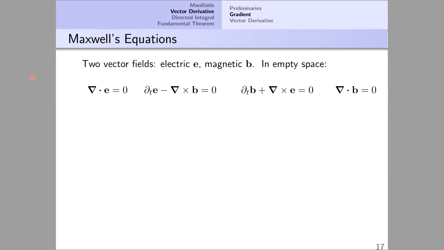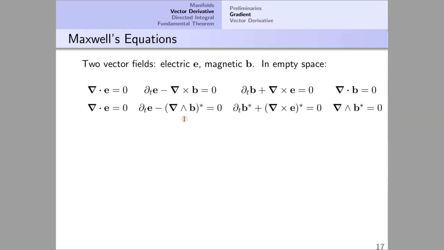Maxwell's equations in empty space, where there's no matter, are given by these four equations, four differential equations involving E and b. I'm going to play with these equations a bit and put them in a different form. So first, these are the same.